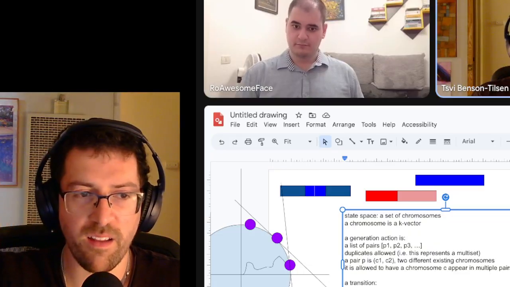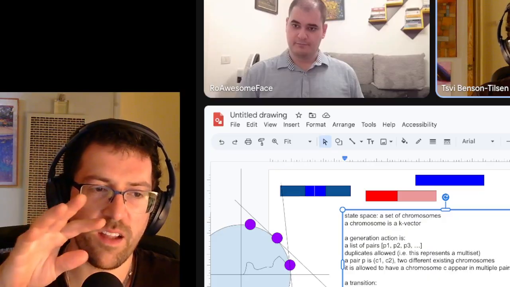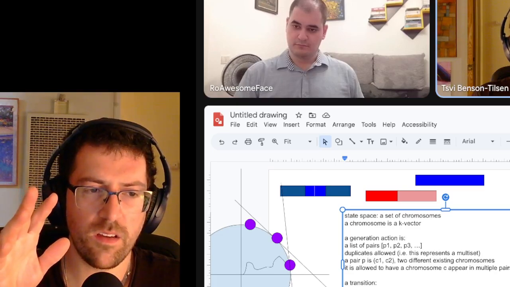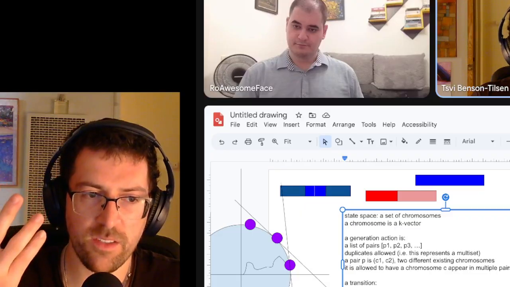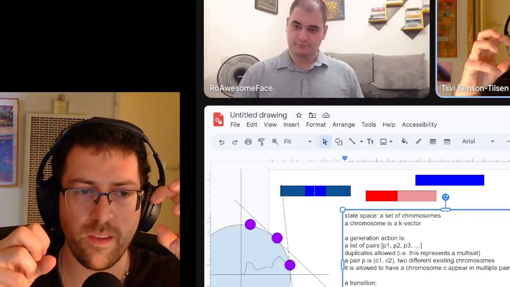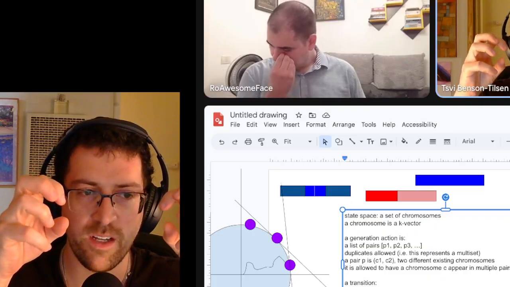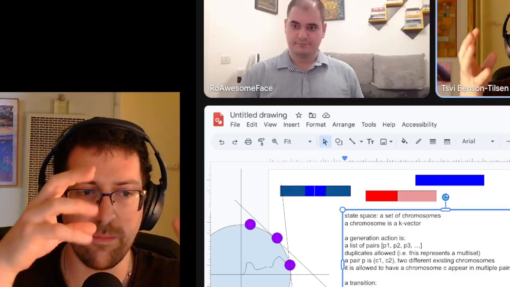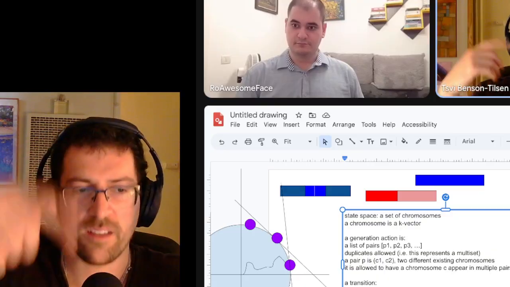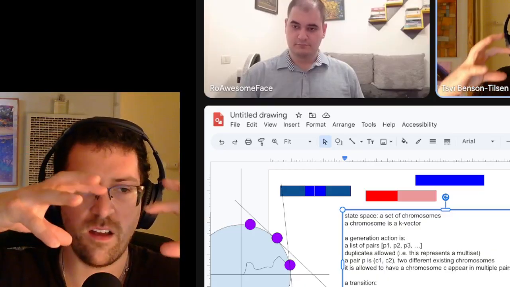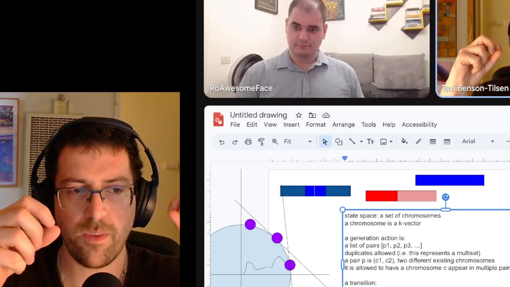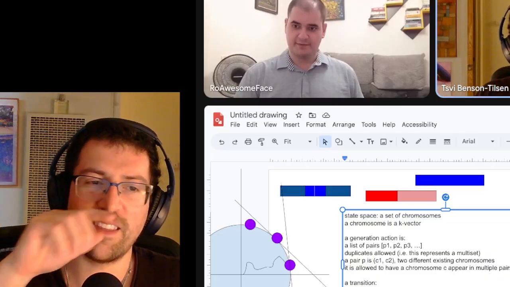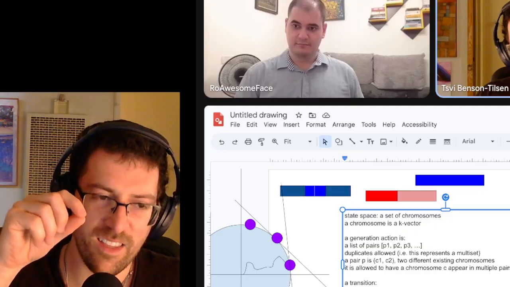But also in real life, we're not getting every cell. We're probably doing these things in big batches, where we take a whole bunch of cells from C1 and a whole bunch from C2 and merge them together. A bunch of them die and a bunch don't merge, but some do merge, and then we select, so we have a big batch of cells that have both of them. Then we induce meiosis, and a bunch die, and a bunch don't do meiosis, but a small set successfully does, and we select for those.